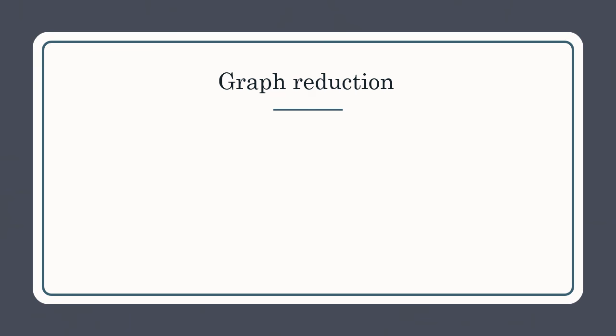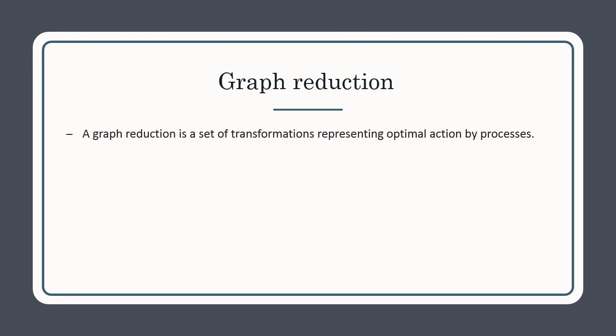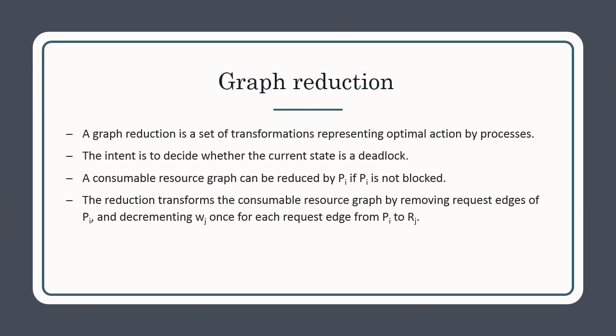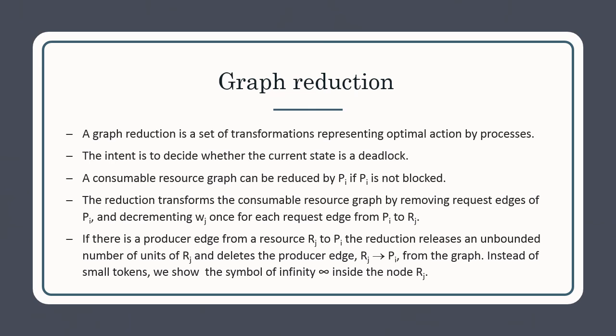Graph reduction. A graph reduction is a set of transformations representing optimal action by processes. The intent is to decide whether the current state is a deadlock. A consumable resource graph can be reduced by Pi if Pi is not blocked. The reduction transforms the consumable resource graph by removing request edges of Pi and decrementing Wj once for each request edge from Pi to Rj.